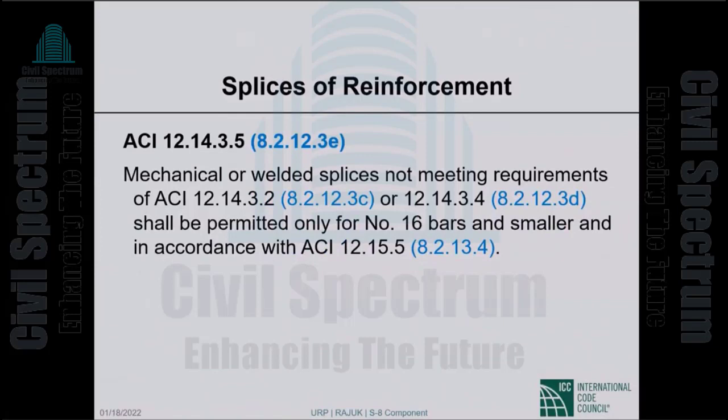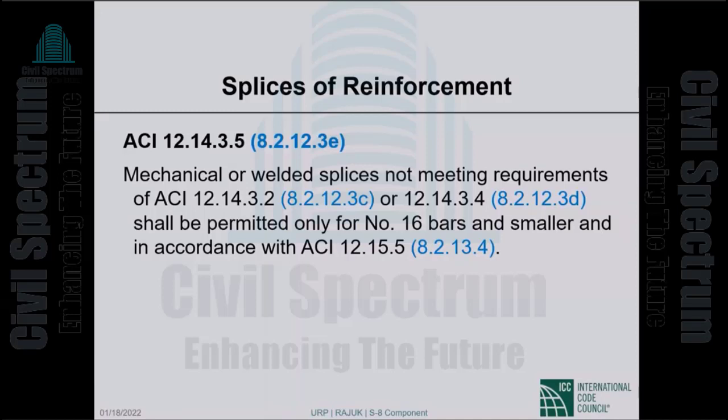Mechanical or welded splices not meeting the requirements of the full 1.25 f sub y shall be permitted only for number 16 bars and smaller, and in accordance with a section that gives you a number of other conditions.